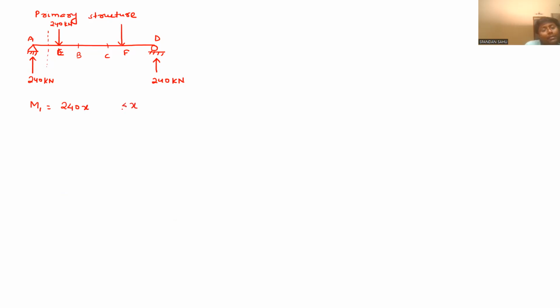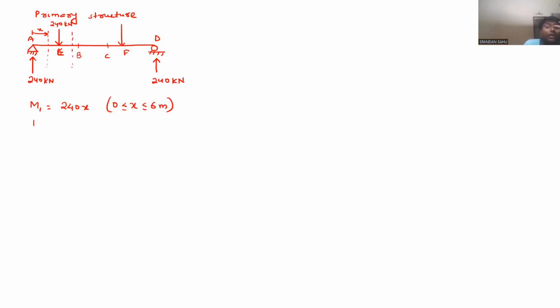And that X, if we are taking X from here, varies from which position to which position? 0 to 6. Yes.